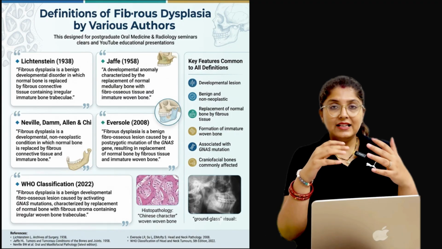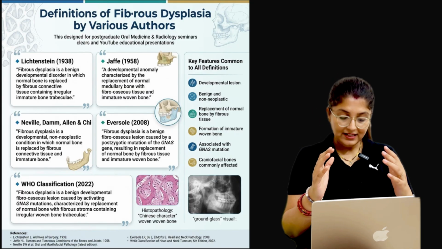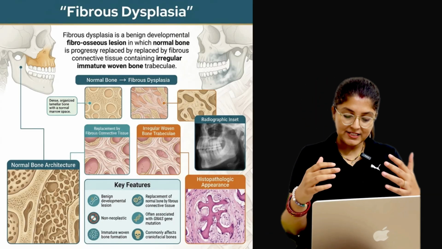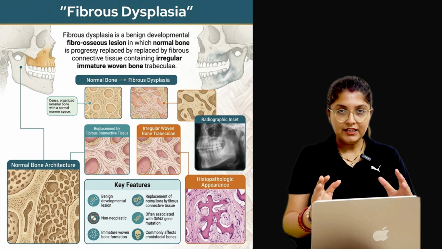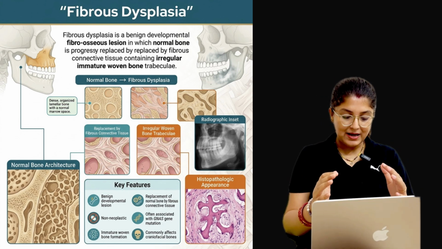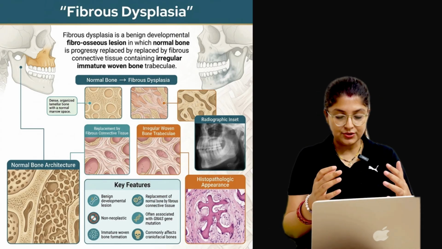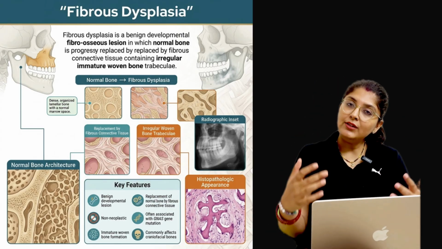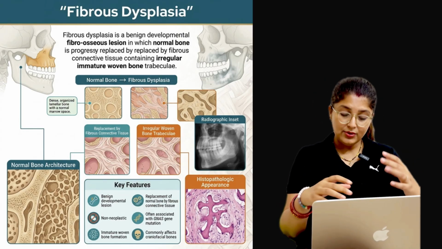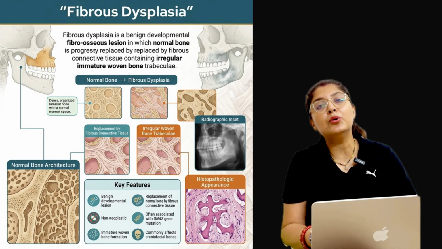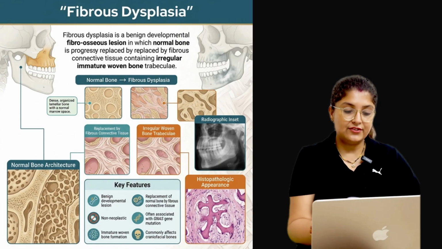It says that fibrous dysplasia is a developmental tumor-like condition, fine, and it is characterized by the replacement of normal bone, okay. So the normal bone, again I am telling you, is replaced by an excessive proliferation of cellular fibrous connective tissue. So in place of bone, the cellular fibrous connective tissue replaces it, and also it is intermixed with irregular bony trabeculae, right? So the bony trabeculae are irregular in nature, fine.